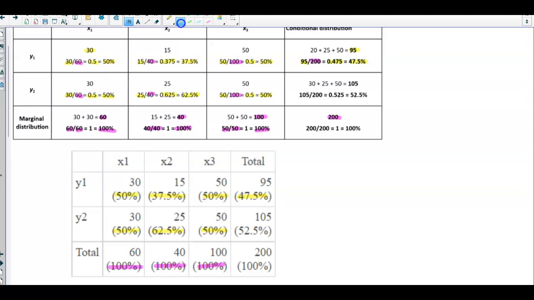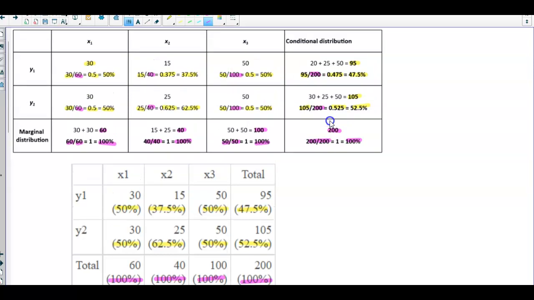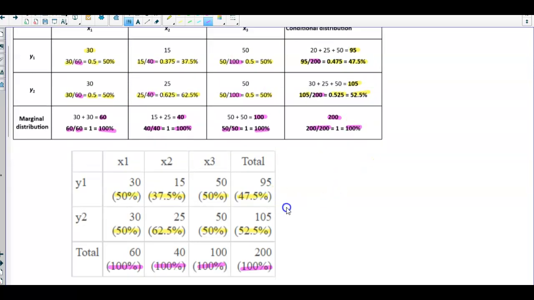Again, we're going to take this row total of 105 divided by the column total of 200. The decimal turns into a percentage of 52.5%. And the last one shows the 200 divided by 200, which gives us 100%. So again, this is considered a conditional distribution using StatCrunch to be able to generate that information.